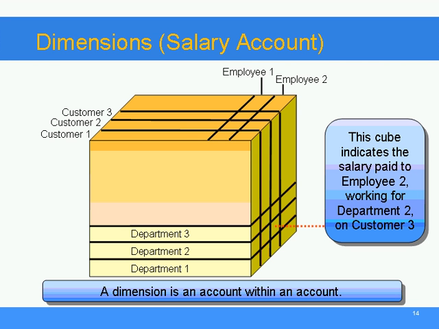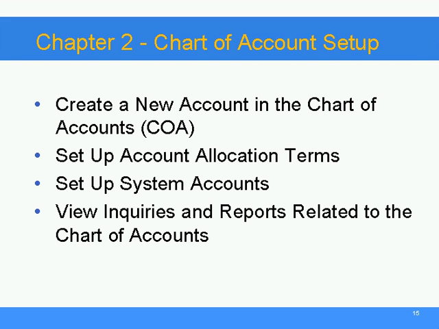Okay, I go back to my presentation file. Our next chapter is chart of account setup. Objectives are: create a new account in the chart of accounts, set up account allocation terms, set up system accounts, view inquiries and records related to the chart of accounts.